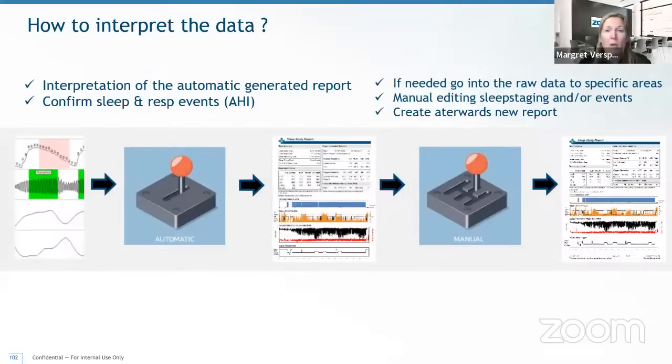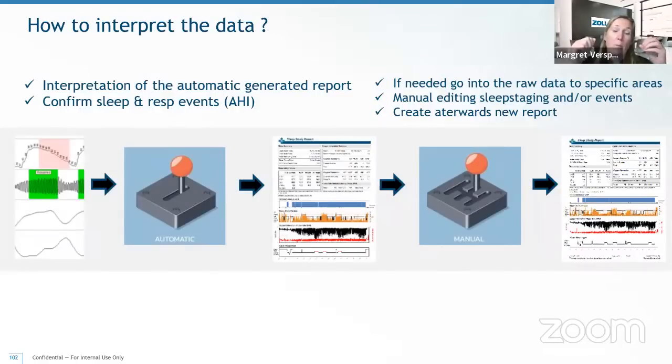So actually the algorithm is the technician who already reviewed the data. He places events in the test, he places sleep stages in the test, and then he creates an automatically generated report. This report is important because when we have a WatchPAT test, we always start with a report.